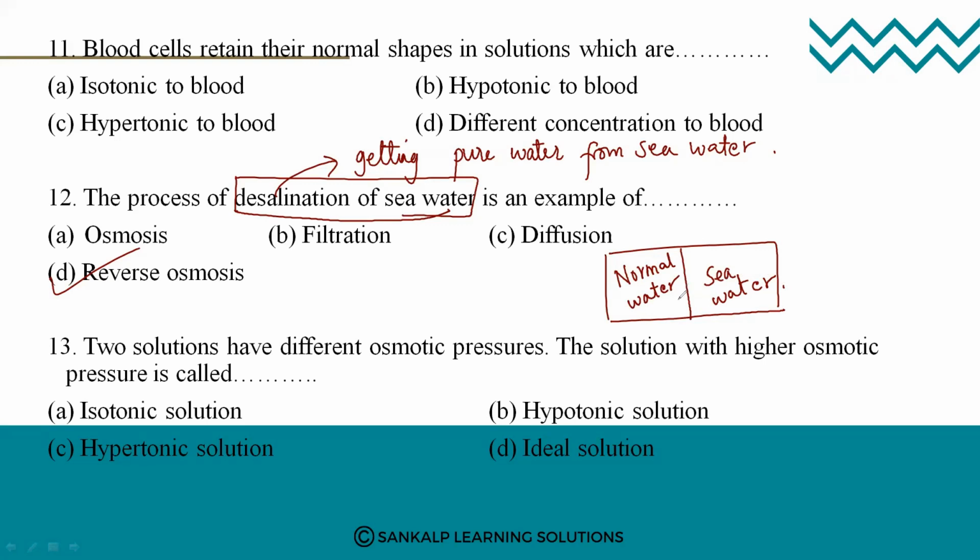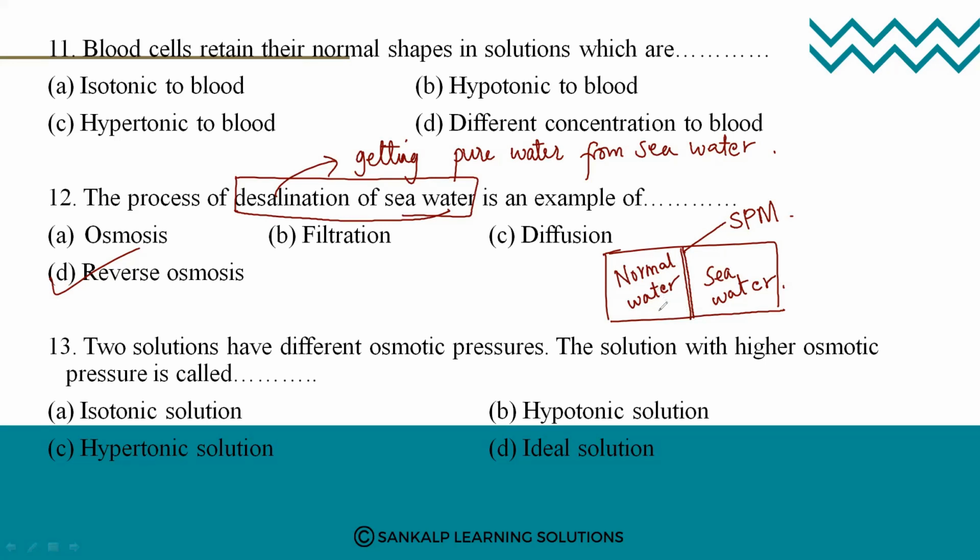These two types of water in this container are separated by a membrane, and this is called a semi-permeable membrane.